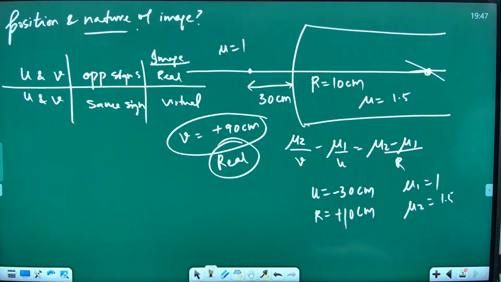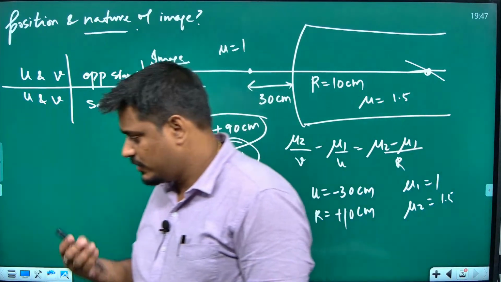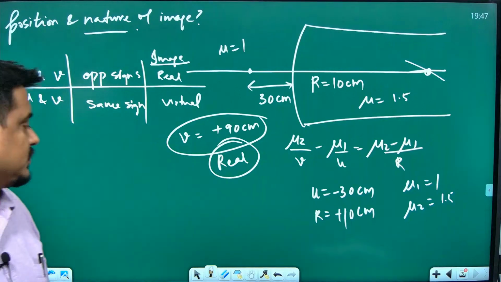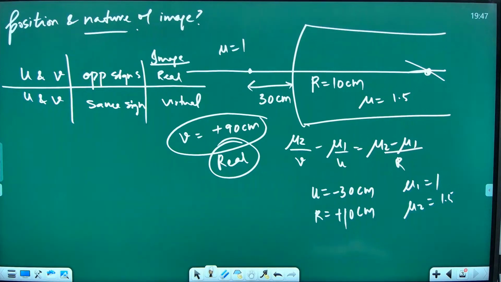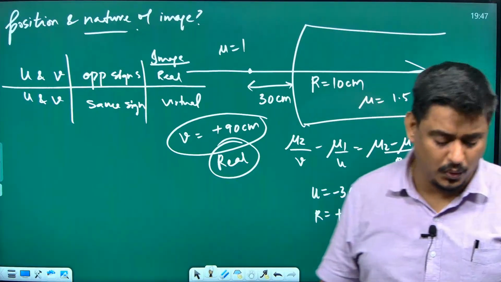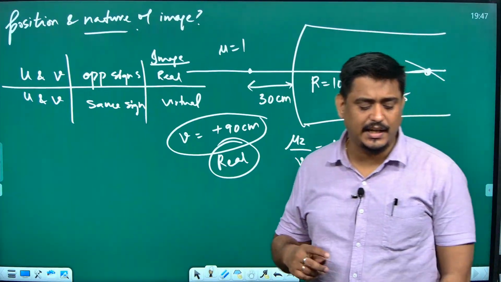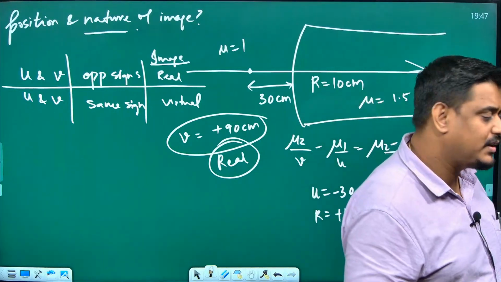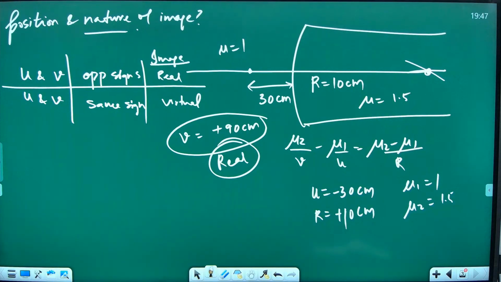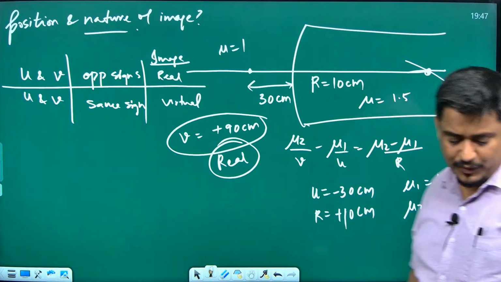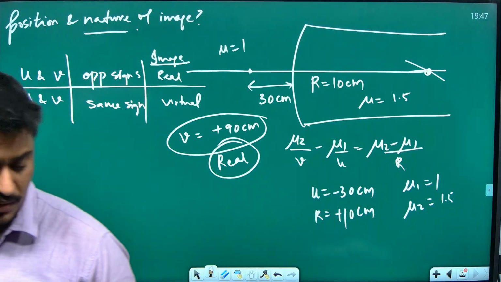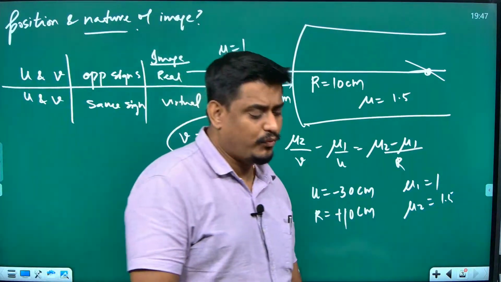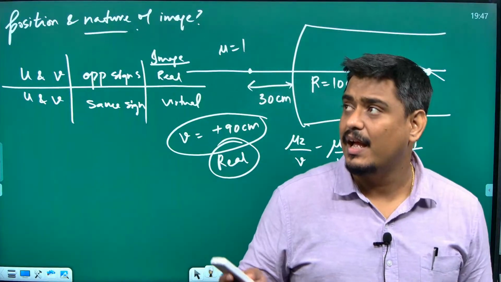Take the question. It's a good question. Question is: a dust particle O is inside a sphere of refractive index 4/3, as shown.